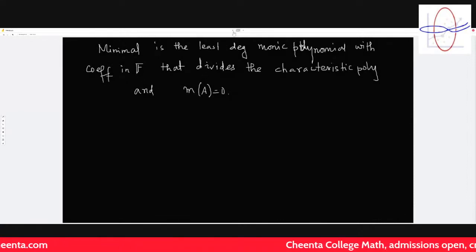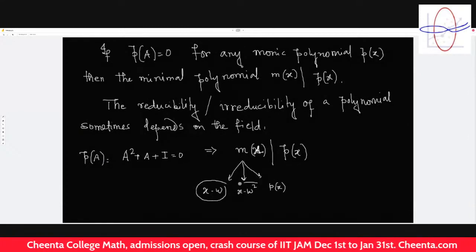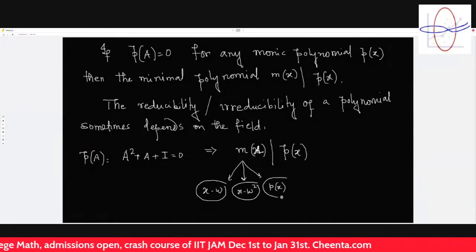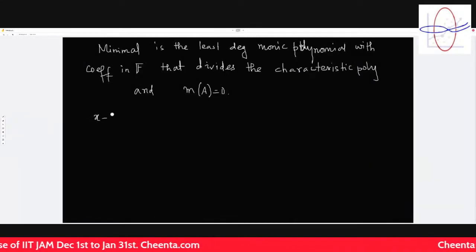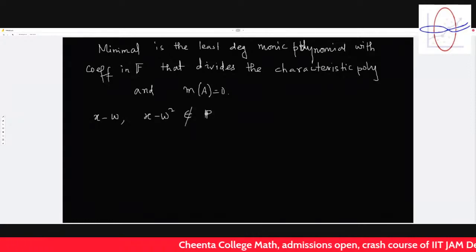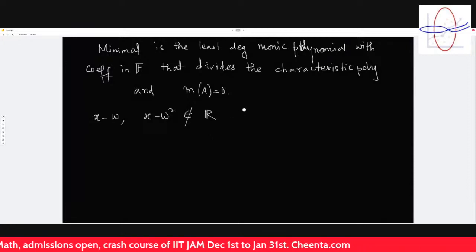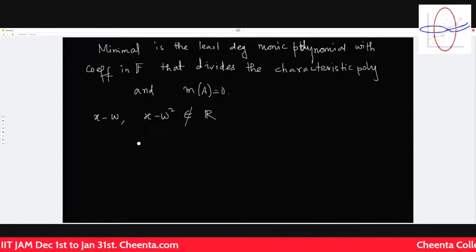All right. So here what we have is that the minimal polynomial can only be one of these or the entire P of x, but neither x minus omega nor x minus omega square lies in R. So the moment they do not lie in R, the minimal polynomial itself becomes P of x.